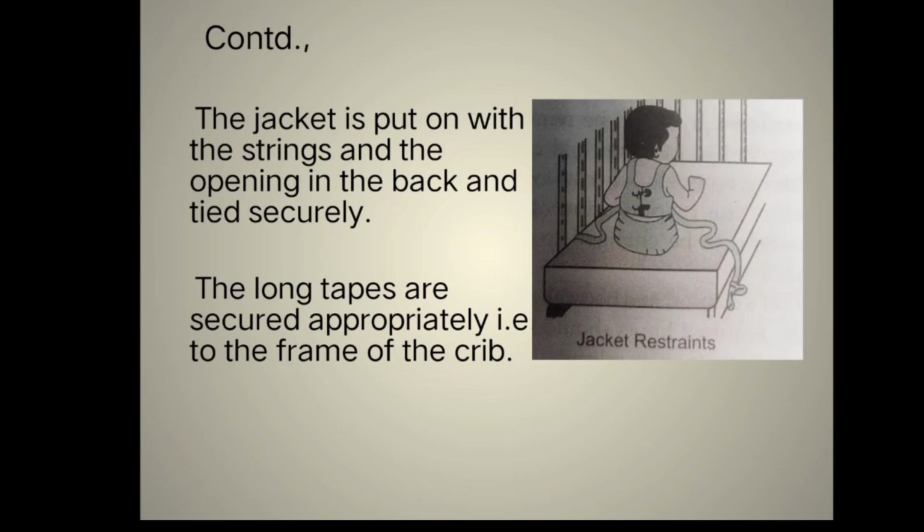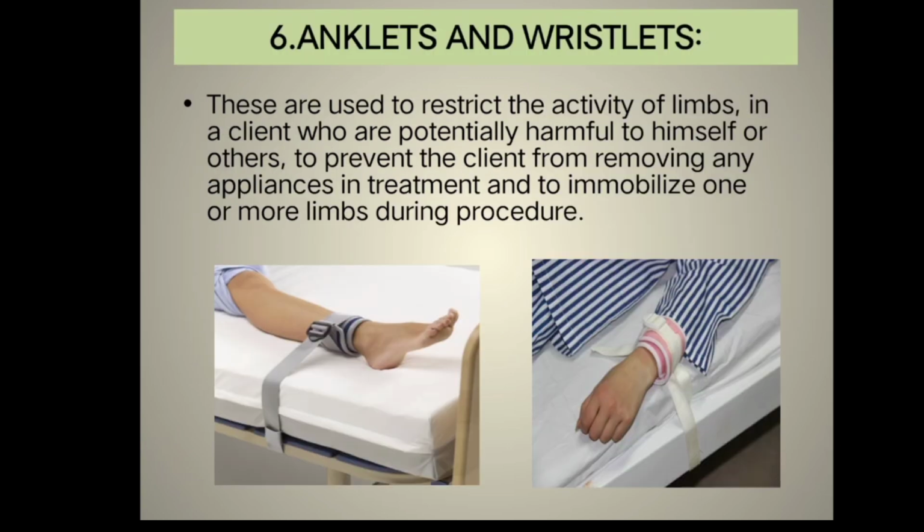Next are anklets and wristlets. These are used to restrict the activity of limbs in a client who is potentially harmful to himself or others, to prevent the client from removing any appliances in treatment, and to immobilize one or more limbs during a procedure.